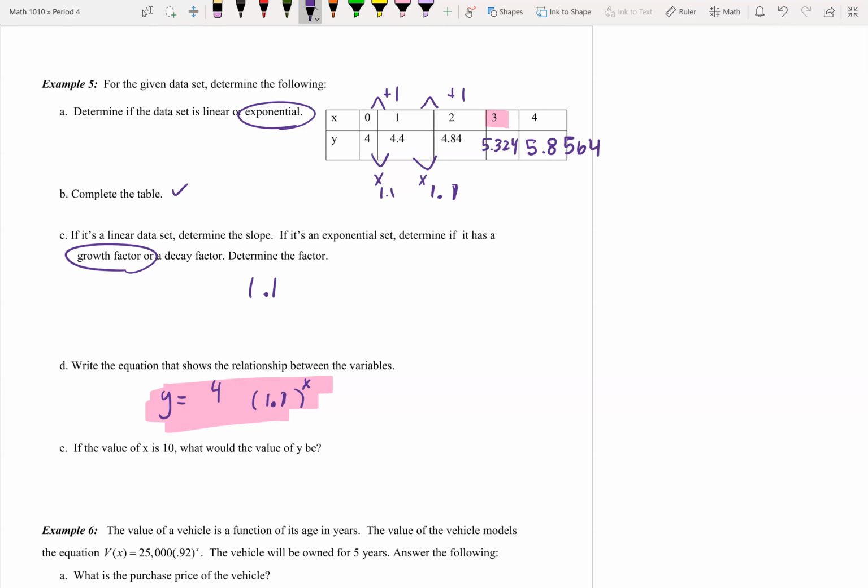Guys, tell me. It's greater than 1. You're exactly right. If the value of x is 10, what would the value of y be? Well, that's easy. Everybody go 10, store, enter, and then go up, up, enter, and we're going to round this to 3 digits, and it's 10.375. That's it.